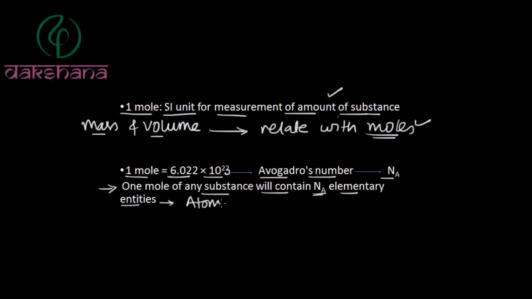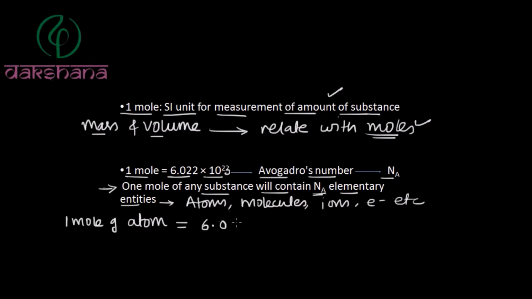It can be atoms or molecules or ions, electrons, etc. Okay, so if I write 1 mole of atoms, this means 6.022 into 10 to the power 23 atoms.